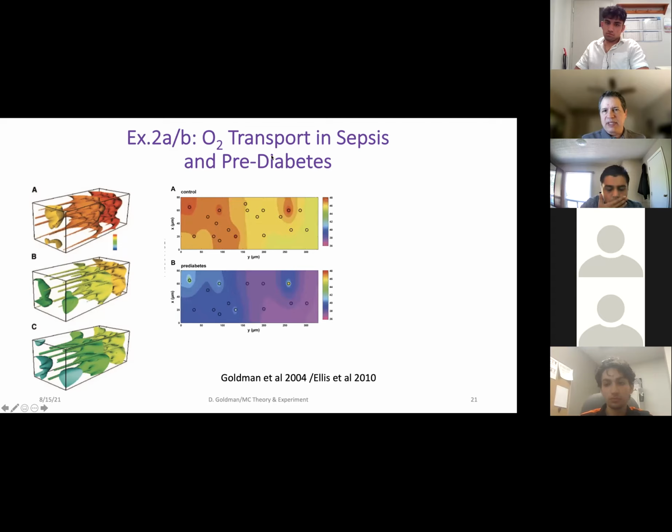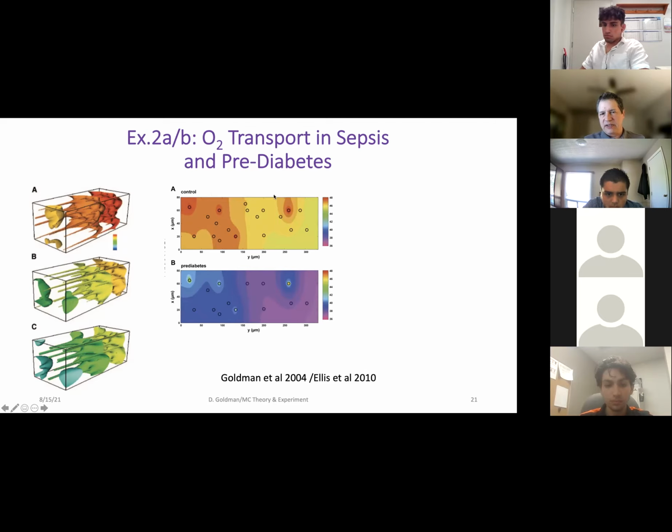Then for pre-diabetes, this is from 2010, we did a similar model. Again, we put in experimental data for losses of capillaries and changes in blood flow in those capillaries. These two pictures are cross sections through tissue blocks showing what the PO2 looks like for a control case and a pre-diabetes case.